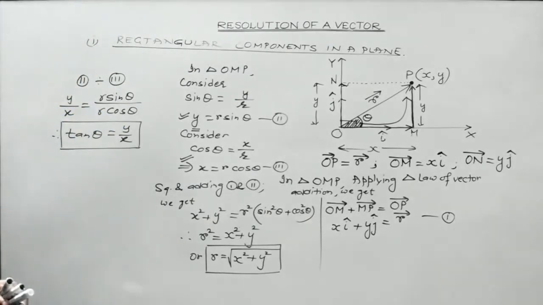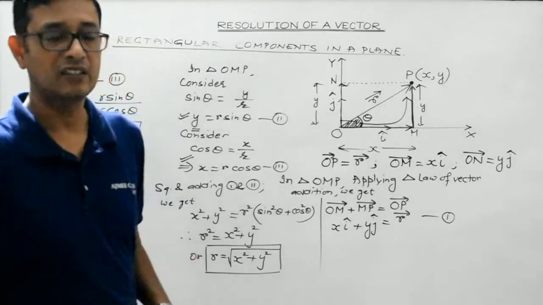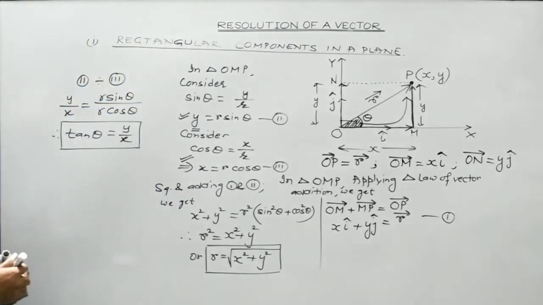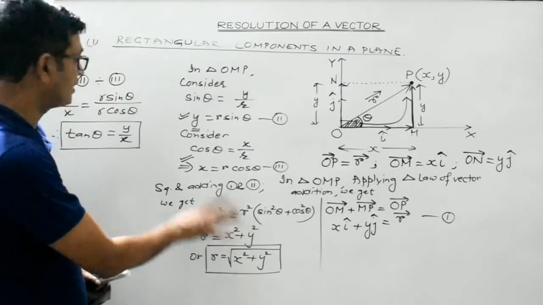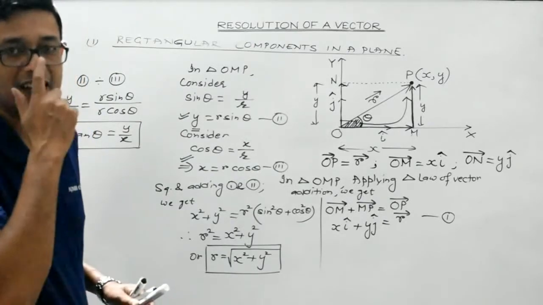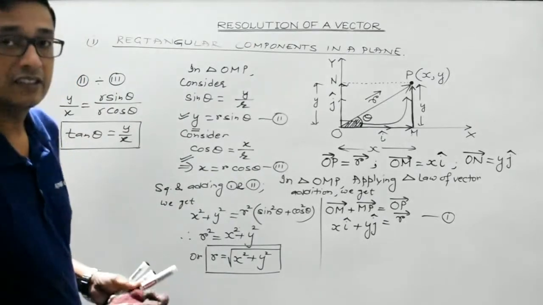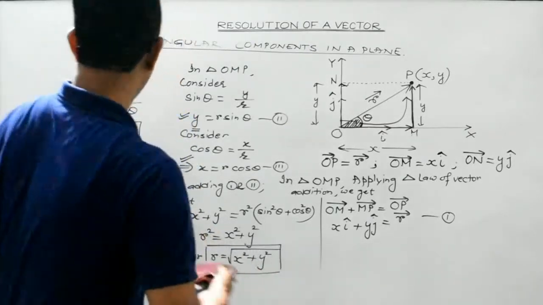Yes, friends? So just check these mathematical steps, and then we'll be discussing some interesting cases, right? So this will give us the magnitude of the resultant, and this gives the direction which r vector makes with x axis. Now, before proceeding further, let's discuss some basic questions.